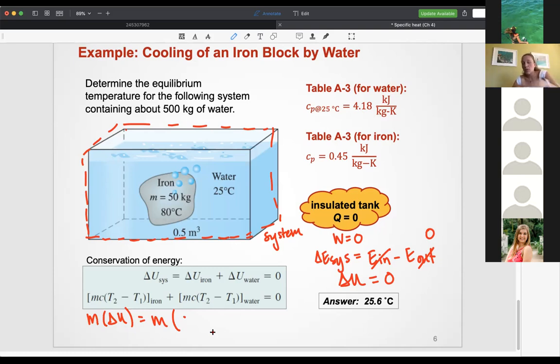For incompressible fluids, we don't care. So this is going to turn into our mass times our specific heat times our change in temperature for our iron plus our mass times our specific heat times our change in temperature for our water. And this is going to equal 0.